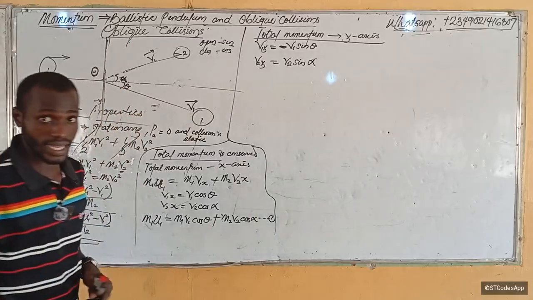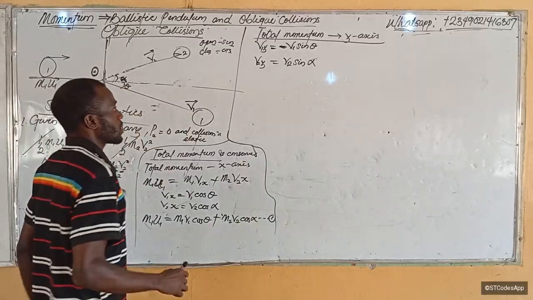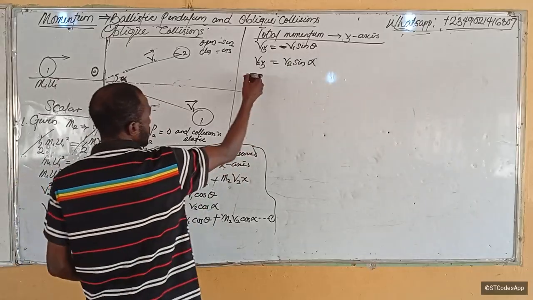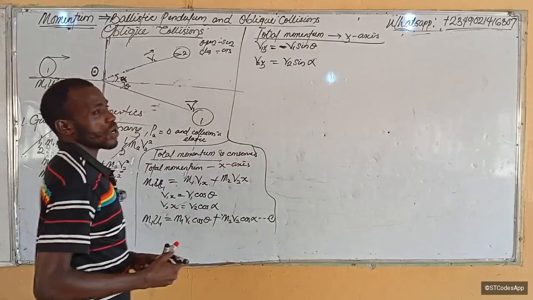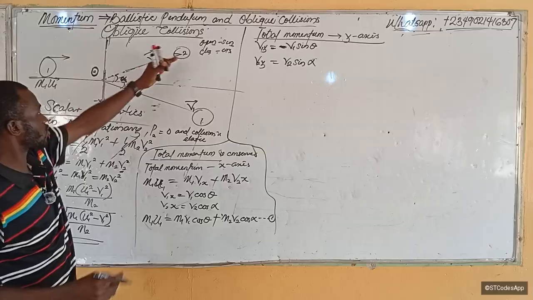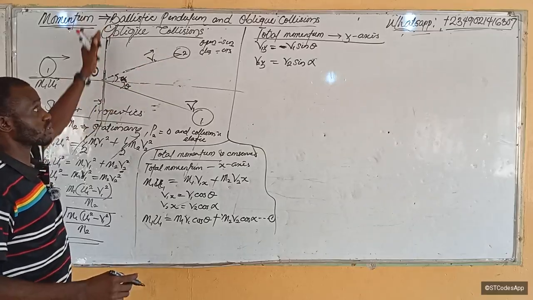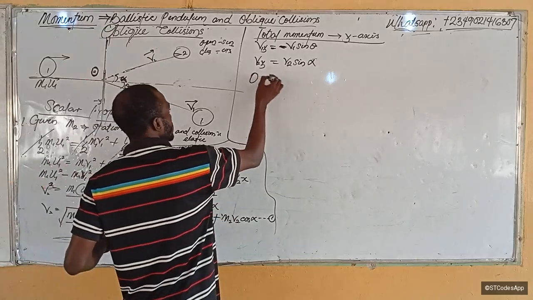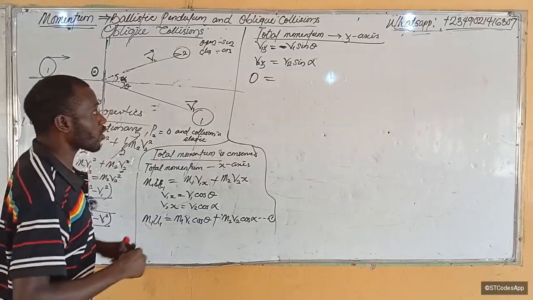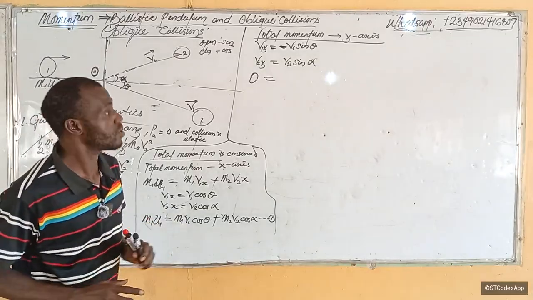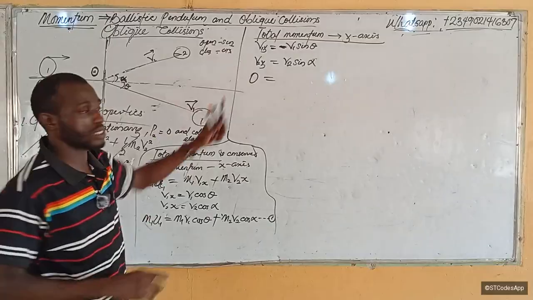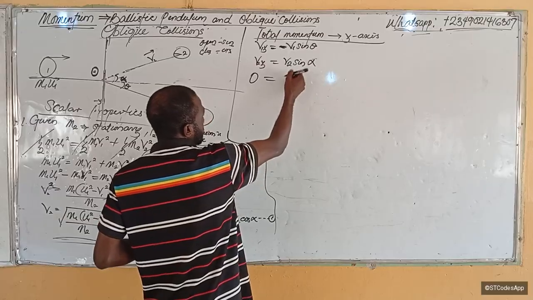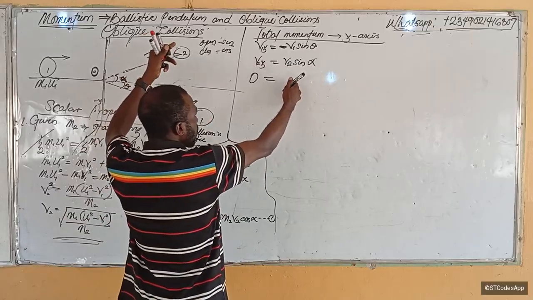Now the total momentum on the y-axis: none of these bodies was moving on the y-axis before, so the total initial momentum on the y-axis is 0.